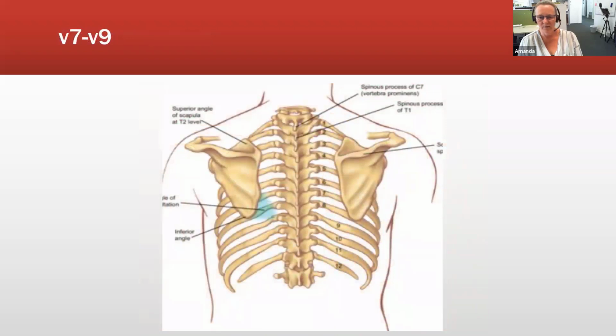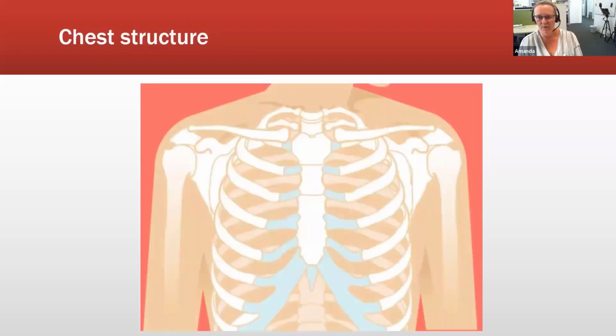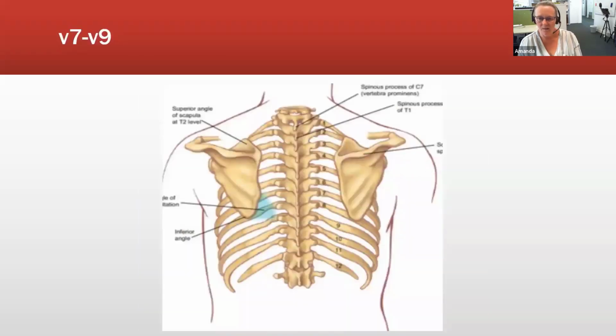Okay, so our first picture of the structure is for gaining the 12-lead from the front, and then at the back, this is where we would look to place V7, 8 and 9.